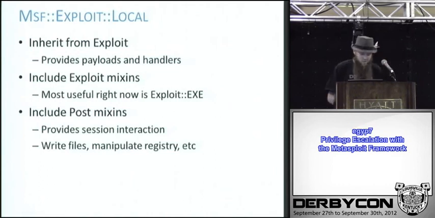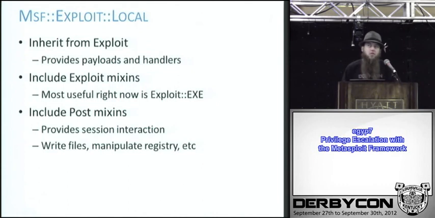Anyway, so to do this in Metasploit, we start with the exploit local module type. That's a relatively new, fleshed out module type, but it's really been around since the beginning. Exploit remote is the one that everybody uses, and we've got almost 1,000 modules that are exploit remote.